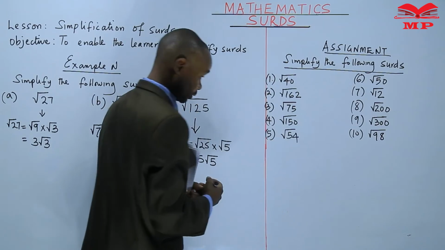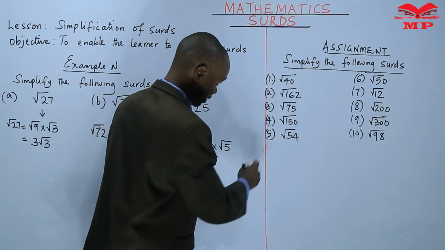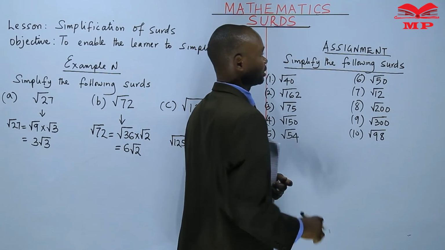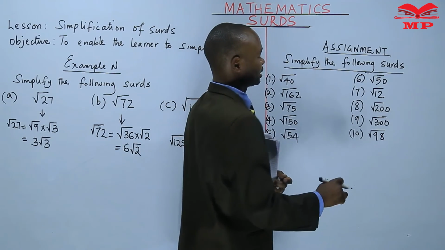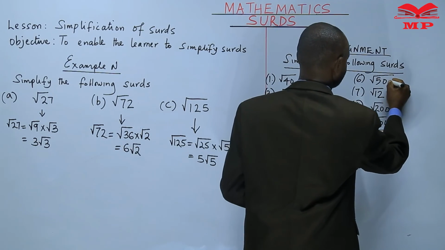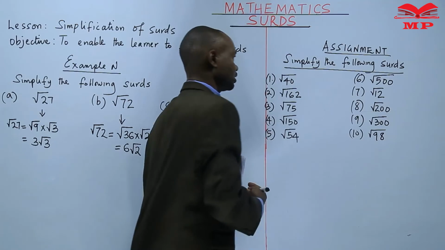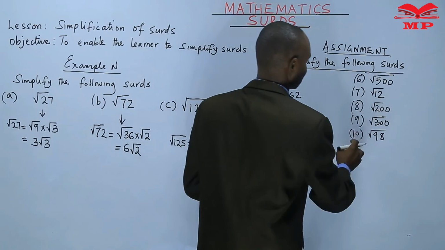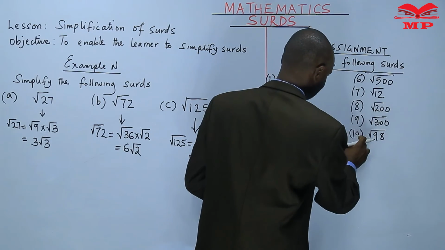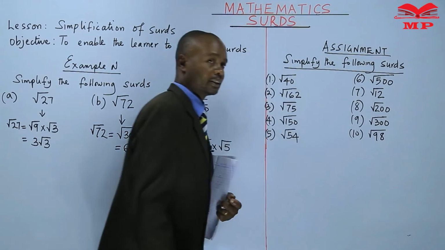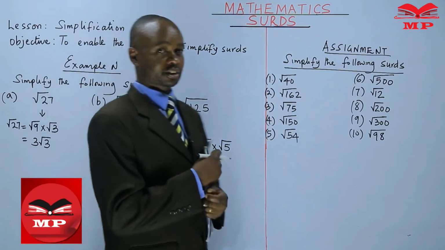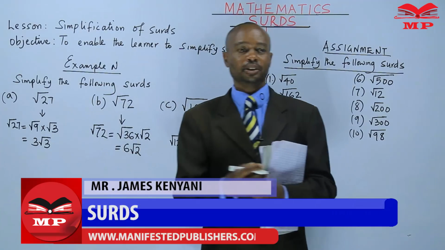Number 2, square root of 162. Square root of 75, square root of 150, square root of 54, square root of 50, square root of 500, 7, square root of 12, 8, square root of 200, 9, square root of 300, and lastly 10, square root of 98. So work out those assignments to perfect your work on simplification.